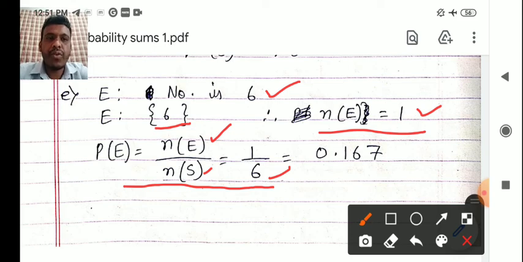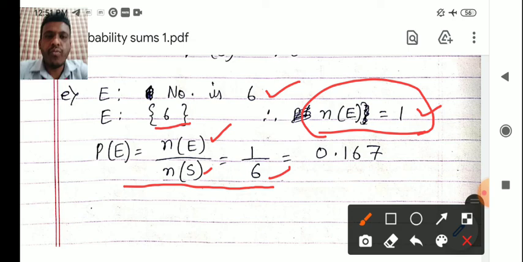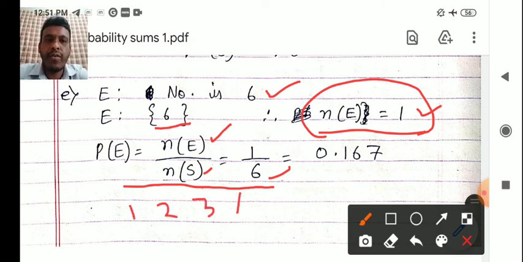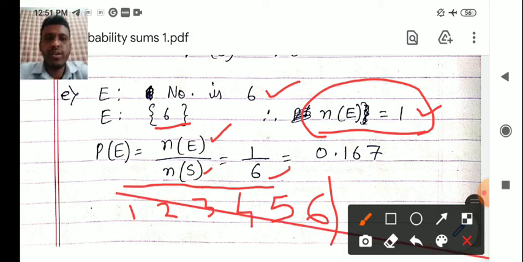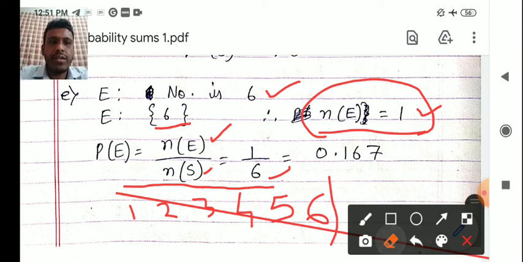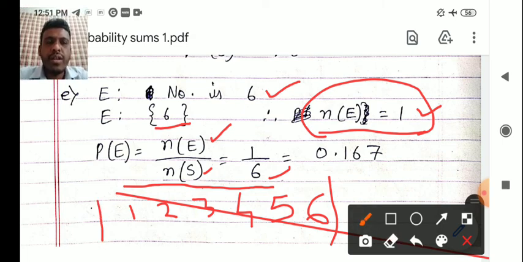Now if you have not understood why n of E is equal to 1, see here, what was the sample space? 1 2 3 4 5 6. Out of these 6 numbers, how many items are there which are equal to 6?